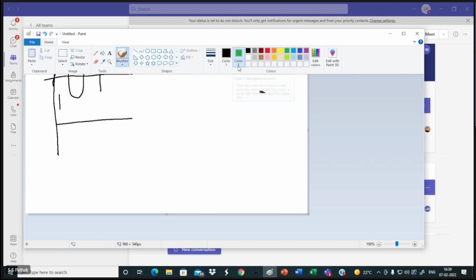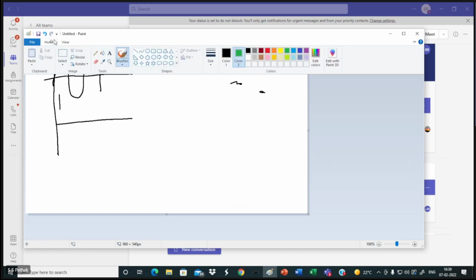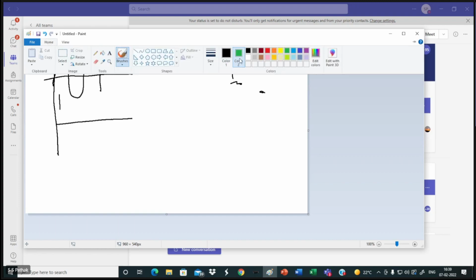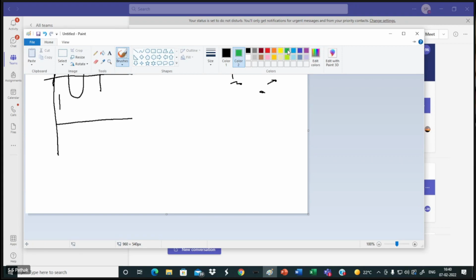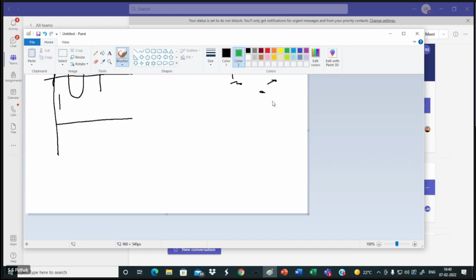Green has come now. But green is not picking up on my pen.